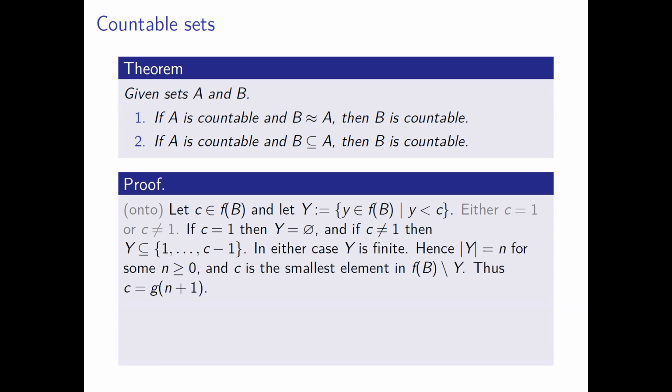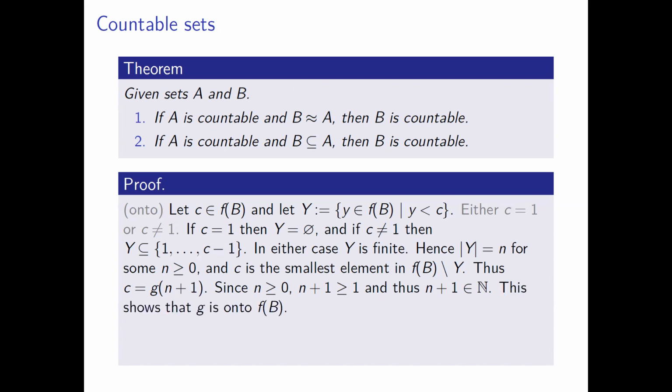Thus, C must be the image under the function g of the number n plus 1. Since n is non-negative, n plus 1 is positive, and thus n plus 1 is a natural number.